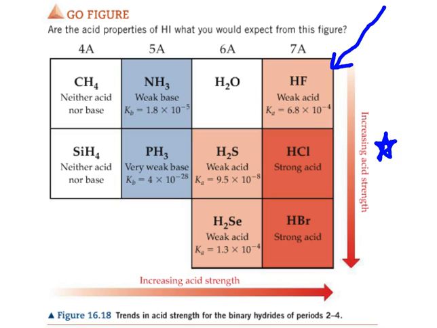And in the case of HF, the ions are so small and so close together that the bond energy is very high and very difficult to overcome. Also, as we go down group 7A, we end up with anions, conjugate bases, that are larger and larger. These conjugate bases are likely better able to hold the negative charge that resides on them after ionization occurs.